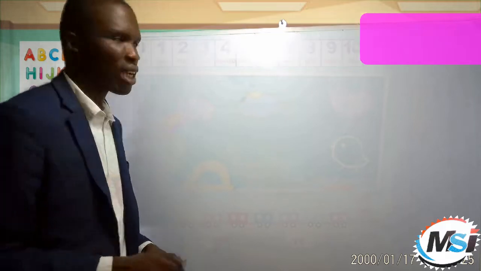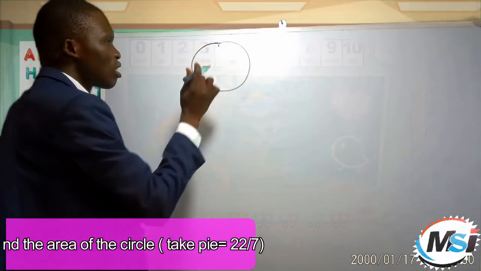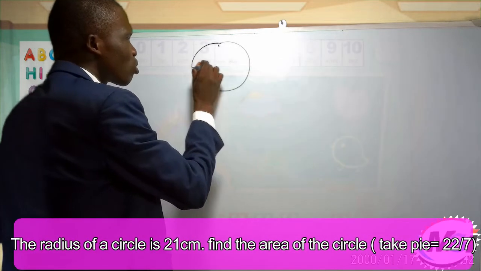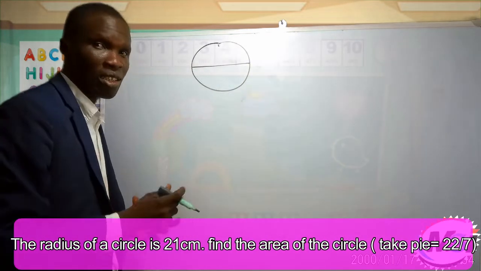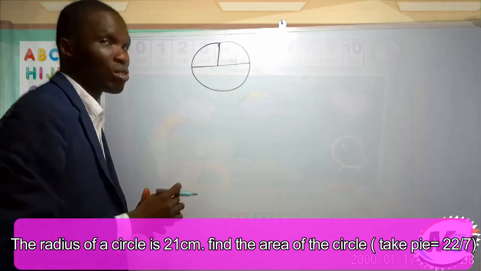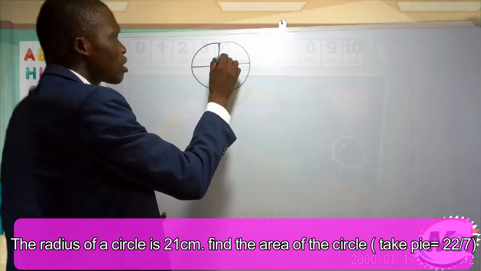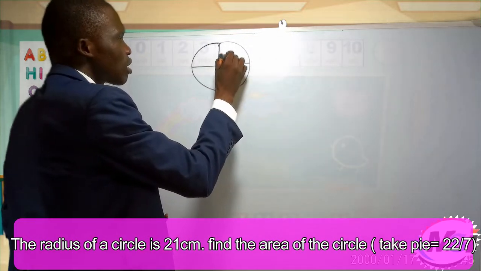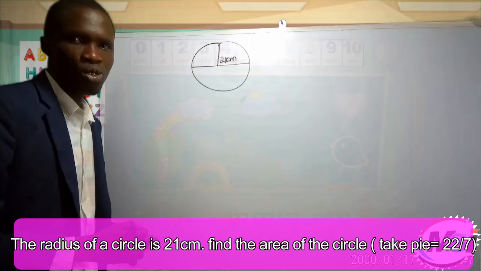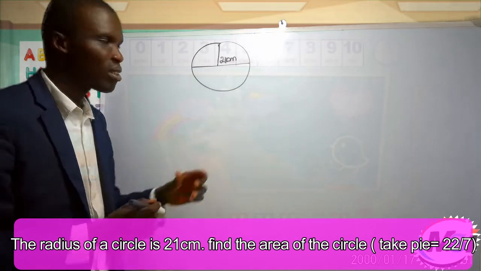So how can we do that? Draw a circle. Divide it into two, that is diameter. Call this, that is radius. Radius is given to us as 21 centimeter. 21 centimeter is our radius here, not diameter.